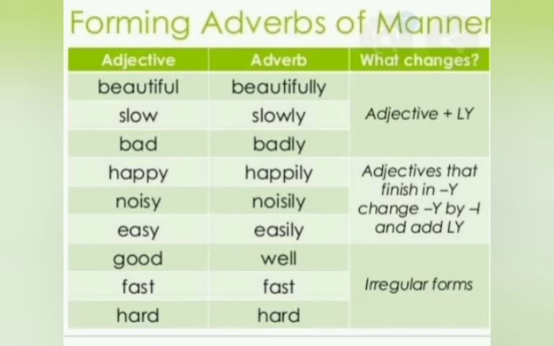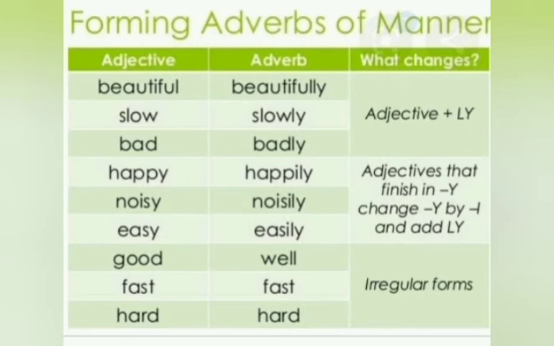Do you understand? Now the next adjectives: happy, noisy, easy. Here, happy ends with the letter Y, noisy also ends with the letter Y, and easy also ends with the letter Y. Here, we can change the adjective into the adverb.